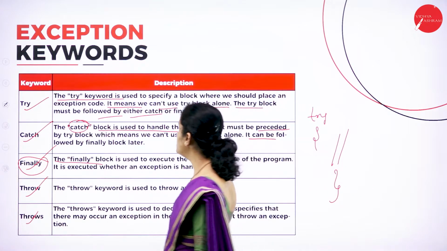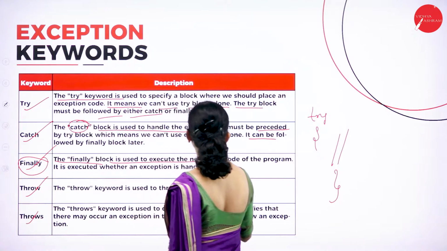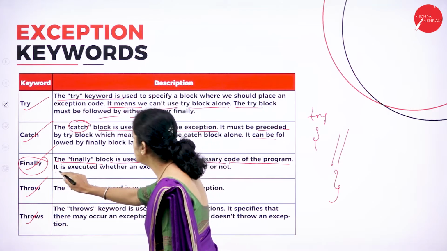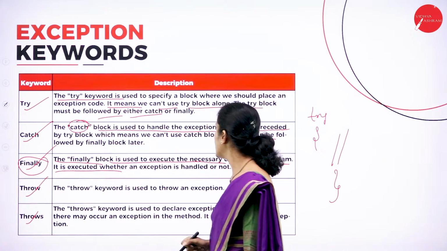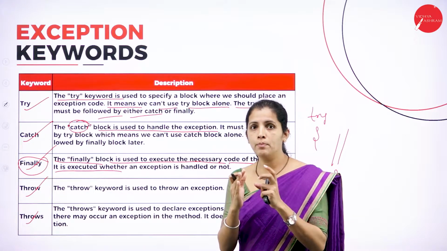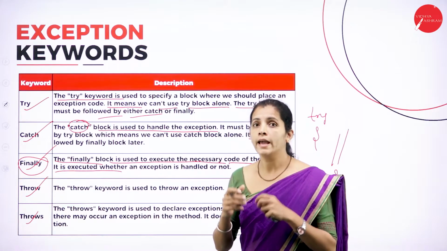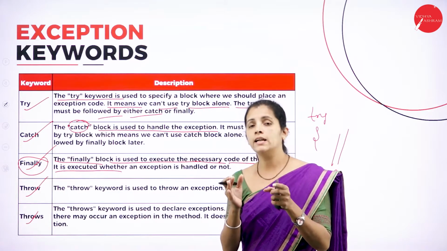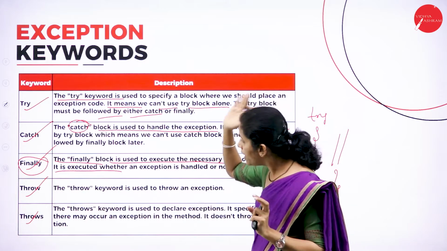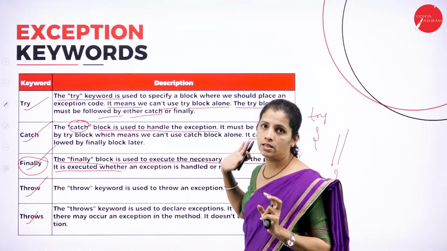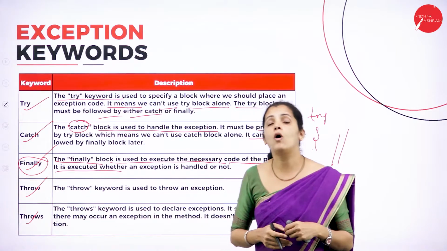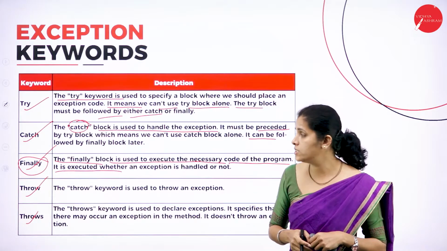It is executed whether an exception is handled or not. When the try block throws an exception, whether it is handled or not is secondary, but the finally block must execute. So in the finally block, I'm going to perform all the closing of connections.